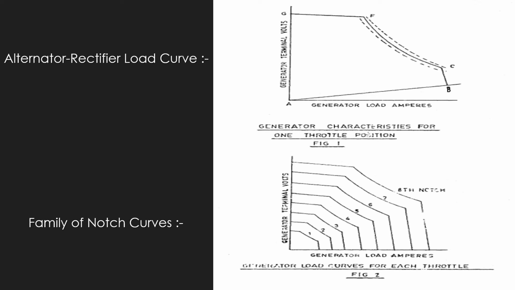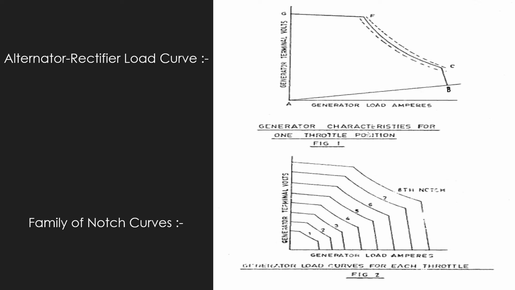The system tolerances are such that actual alternator rectifier demand may fall anywhere in the band shown, meaning that in some instances demand may slightly exceed normal engine ability. When this occurs, alternator rectifier demand may be trimmed to meet the actual engine ability by the load control potentiometer actuated by the engine governor. The nearly horizontal line Fg at the top of the curve indicates the maximum voltage line.